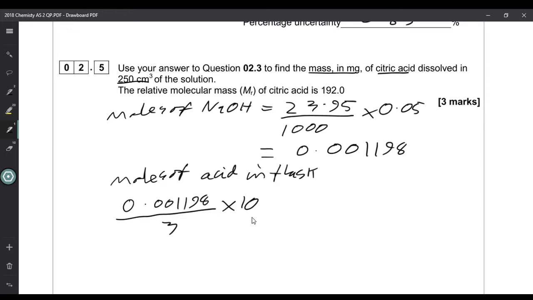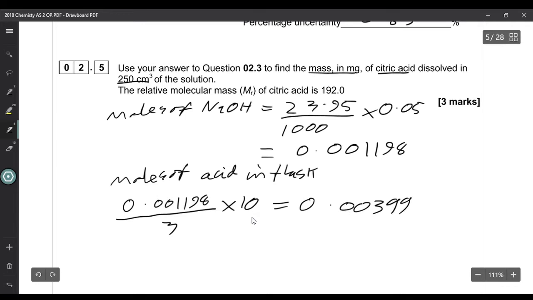We made up 250 cubic centimeters, but each of our titrations was only 25 cubic centimeters. So however many moles of acid we find within our titration, the amount of moles in our volumetric flask will be 10 times that. So that will come out to be 0.003992.